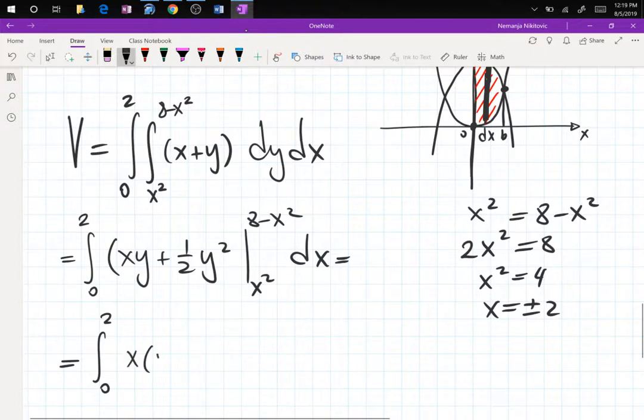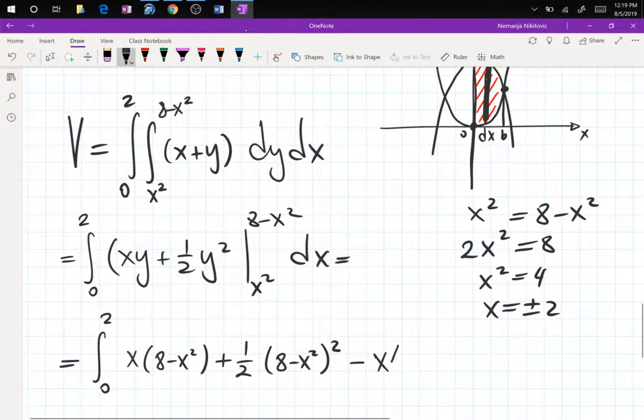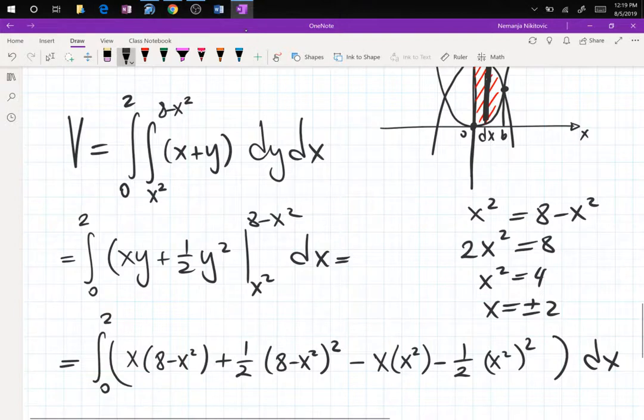So it's x times (8 minus x squared) plus 1/2 (8 minus x squared) squared, minus x times x squared minus 1/2 (x squared) squared, all of that dx.